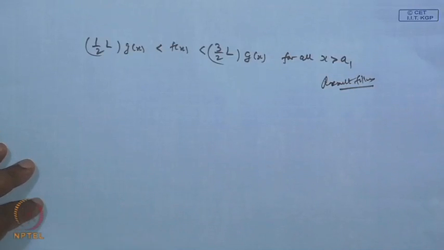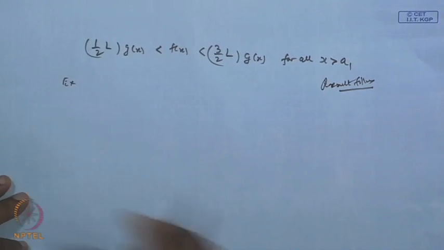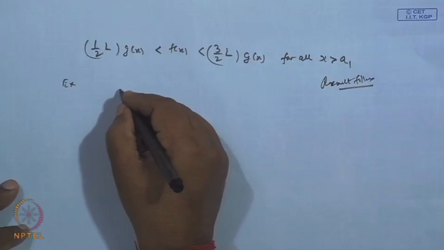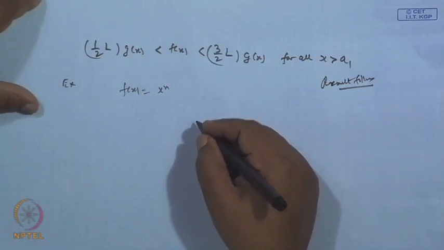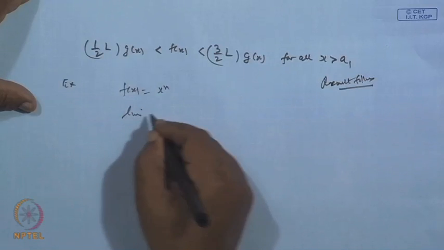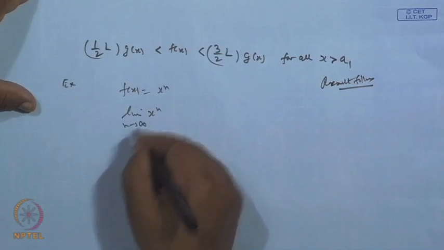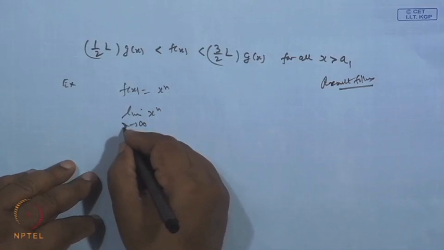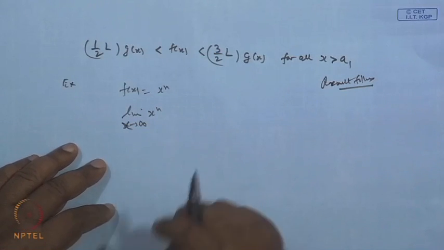Now let us see some examples. We have x to the power n, a form we have already discussed: if the function f(x) is x to the power n, then the limit of x to the power n when x tends to plus infinity or x tends to minus infinity.